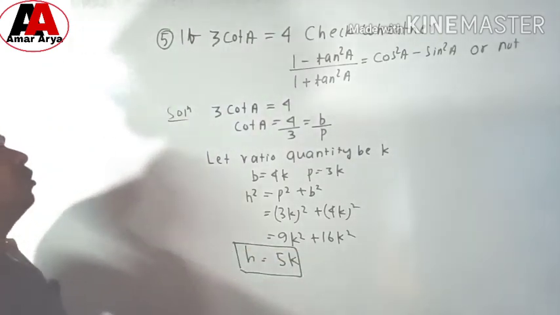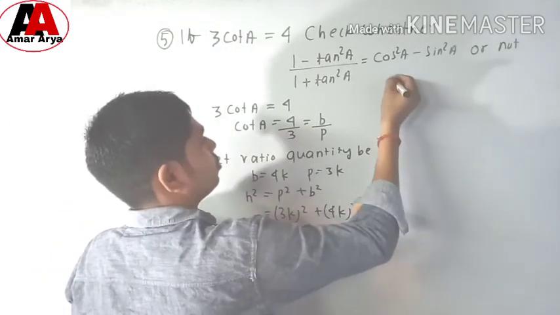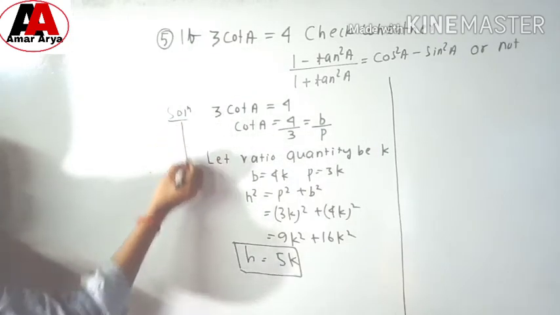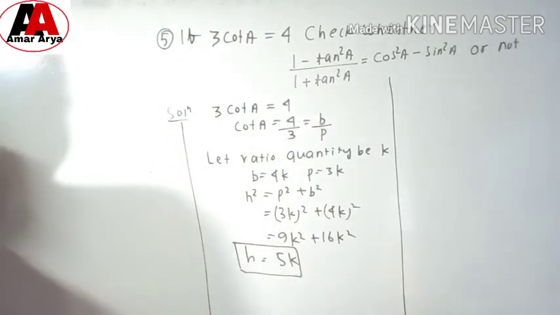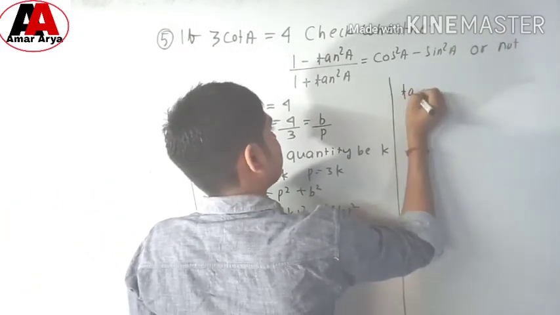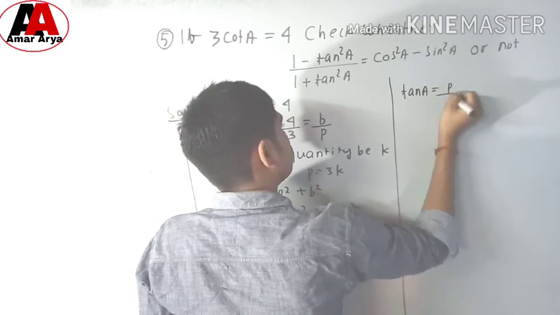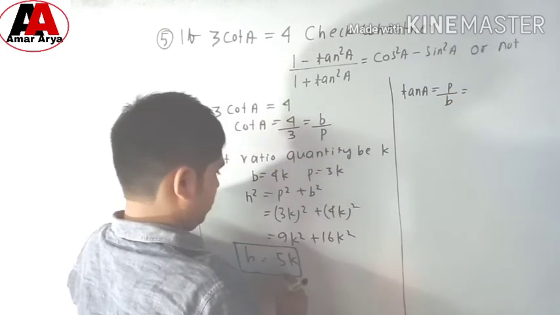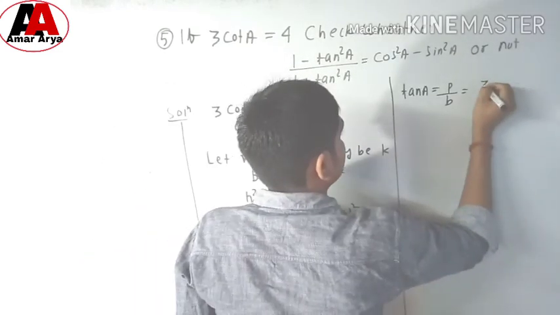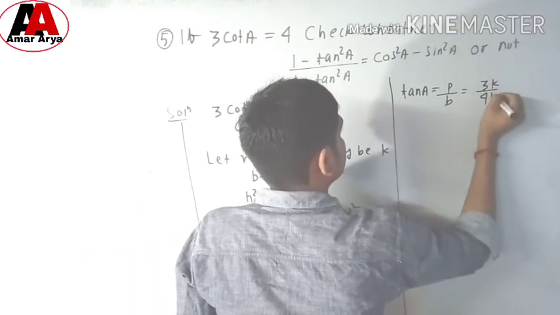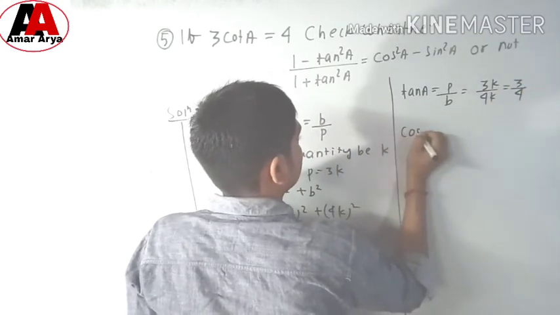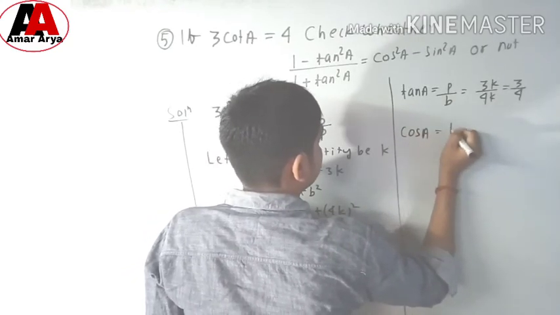Okay, so now we need to find all the values. First of all we need to find tan A. So tan A means p by b. So the value of p is 3k and b is 4k. So 3k by 4k, k will be cancelled, so 3 by 4. So this is the value of tan A. And the value of cos A is b by h.